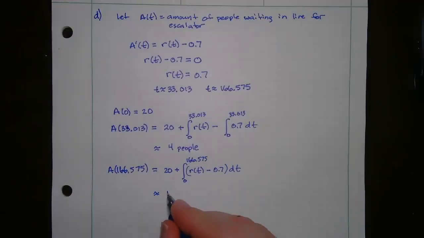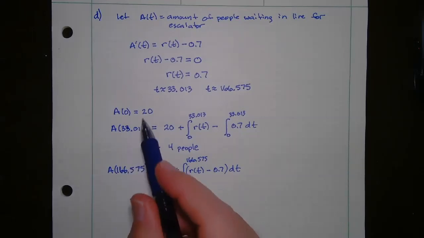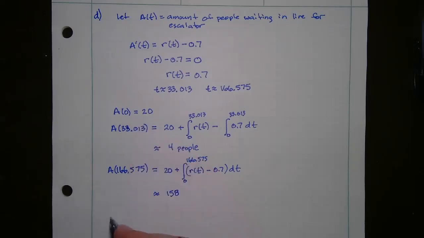So this would be 158, and then we need to find the other endpoint at 300. These were the critical points, and this was the left endpoint. We need to do the right endpoint, so that'd be a of 300, and that would be 20 plus the integral from 0 to 300 of r of t minus 0.7 dt.